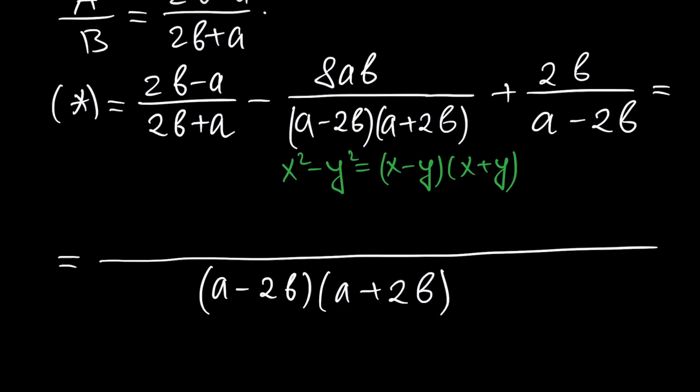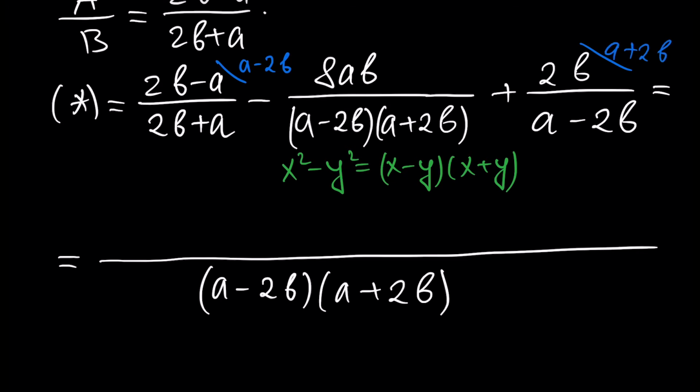In this case, we have to multiply the numerator of our first fraction by a minus 2b, and the numerator of the third fraction must be multiplied by a plus 2b.